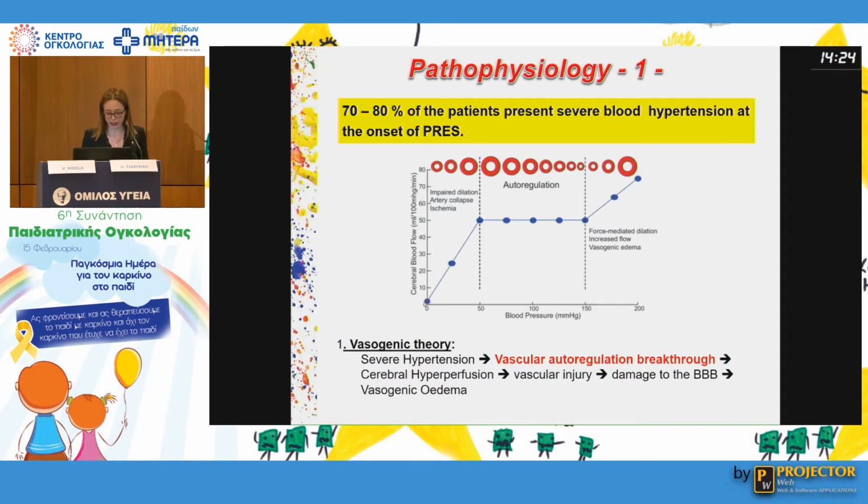But when the blood pressure exceeds the upper level, which is at around 150 of systolic pressure, this mechanism doesn't work anymore, and we have a forced dilation and increased flow, so a cerebral hyperperfusion, which leads to vascular injury, damage to the blood-brain barrier, and finally vasogenic edema.